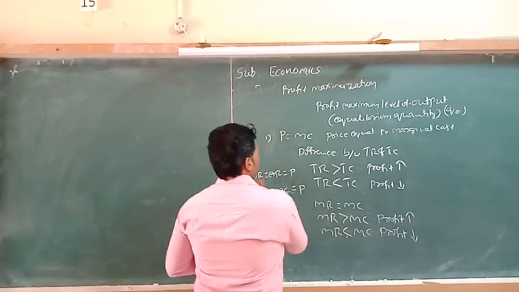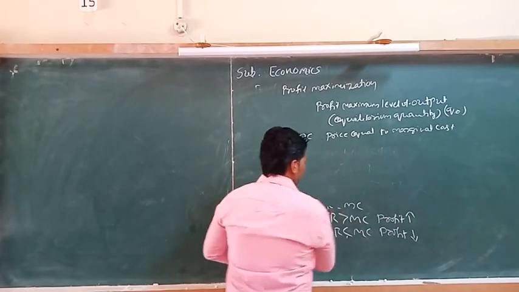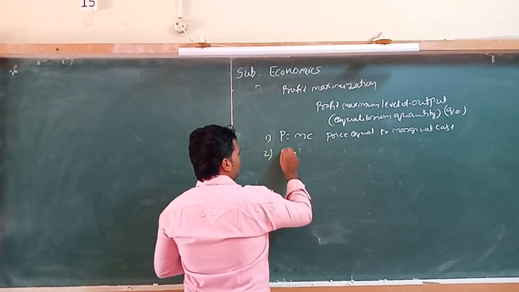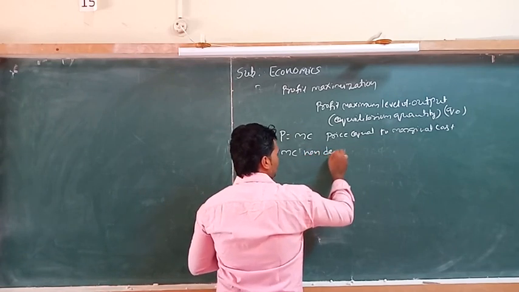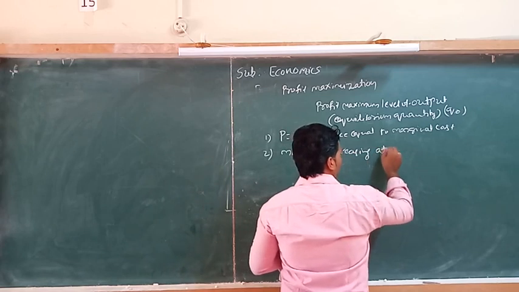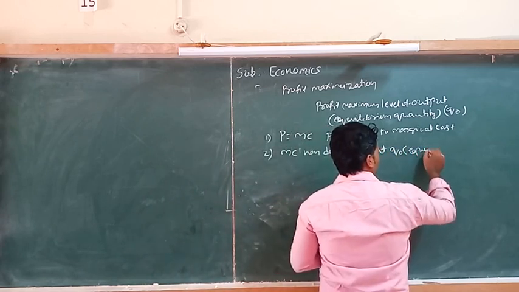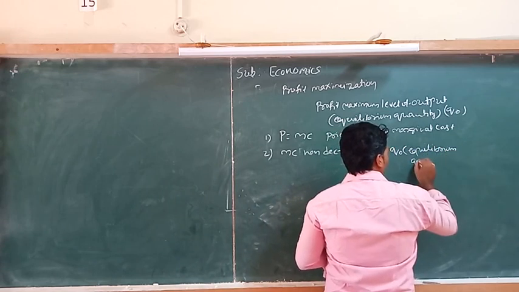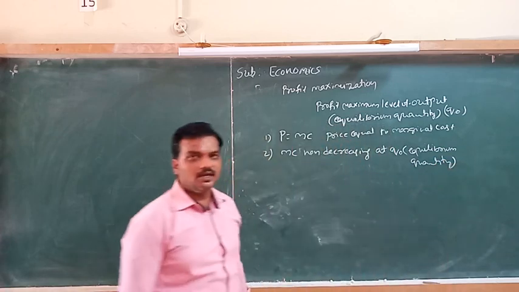And the second condition is that the MC curve is non-decreasing at Q naught. Q naught means equilibrium quantity. MC is not decreasing at Q naught.